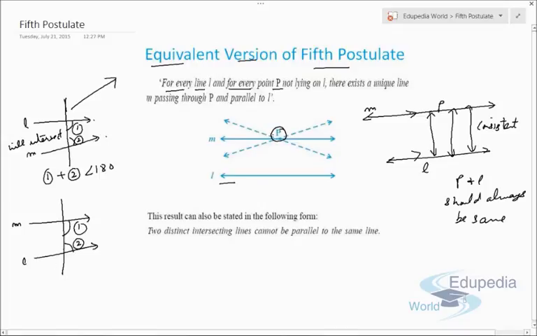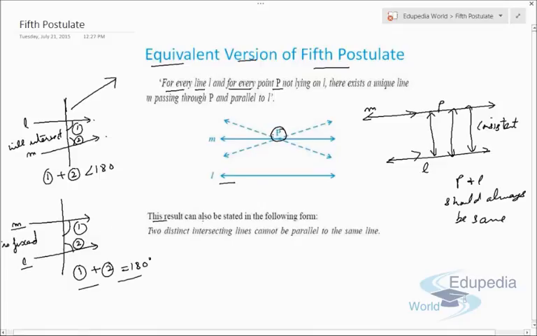If the lines M and L are parallel, meaning the distance between them is fixed, they will never meet. So these two lines are parallel, and angle 1 plus angle 2 should be equal to 180 degrees.